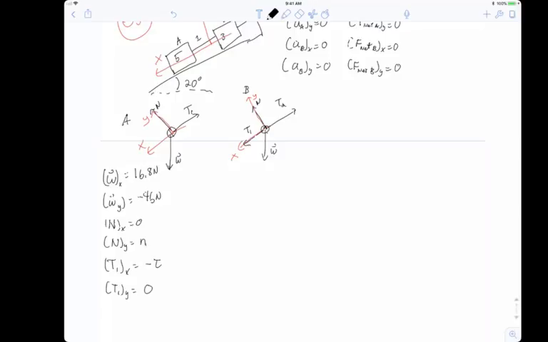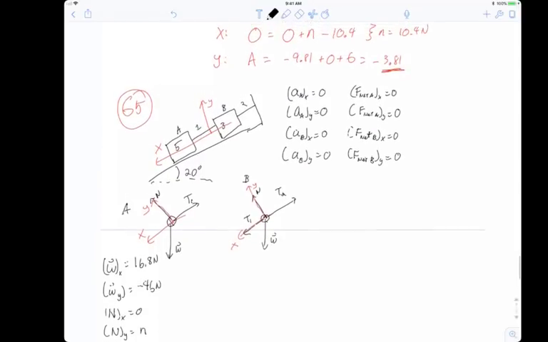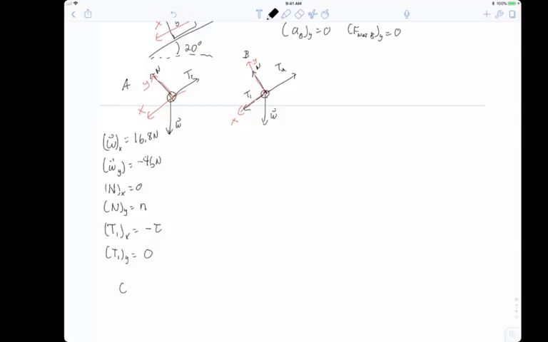So let's put it all together with these ones. So the x components are 0 is equal to 16.8 plus 0 minus tau. In the y direction, it's 0 minus 46 plus little n.